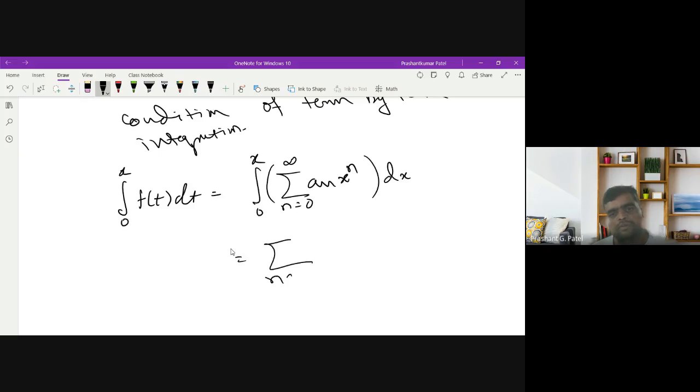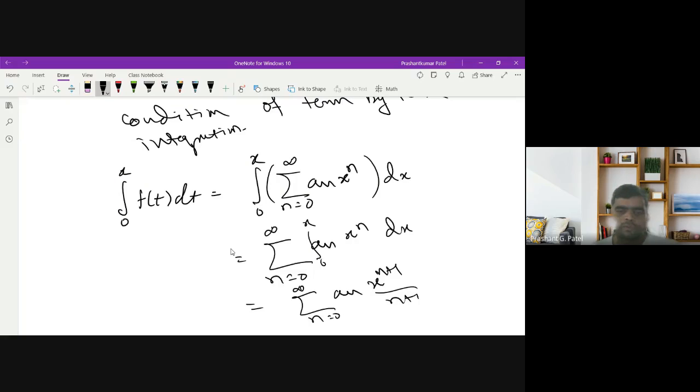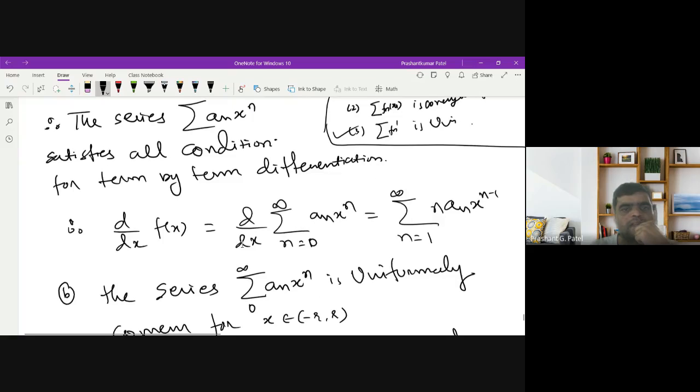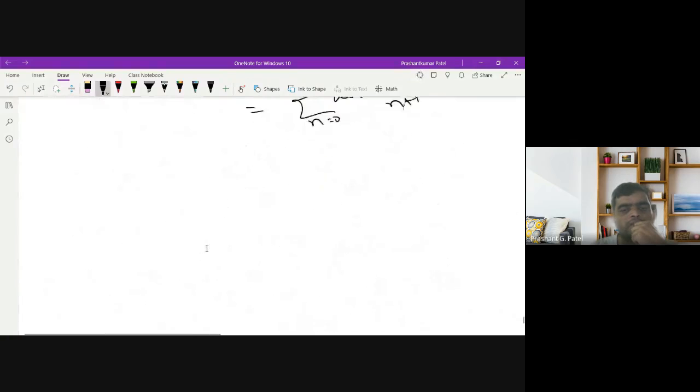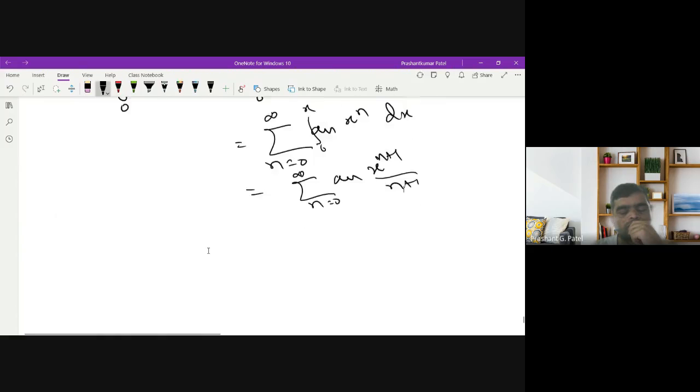So this is the summation n running from 0 to infinity of the integral of an t raised to n dt, which is the summation n running from 0 to infinity of an x raised to n plus 1 upon n plus 1. Which proves statement B, that term by term integration is possible for a power series.